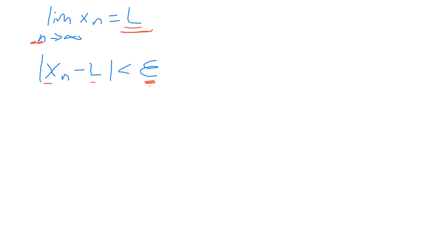So epsilon is positive. The difference, of course, has to be positive because the absolute value is positive. But as n gets sufficiently large, you are supposed to be able to find a value m such that for n larger than that specific m, the distance between x_n and L will be less than epsilon.